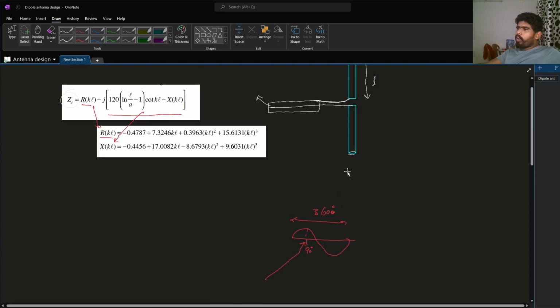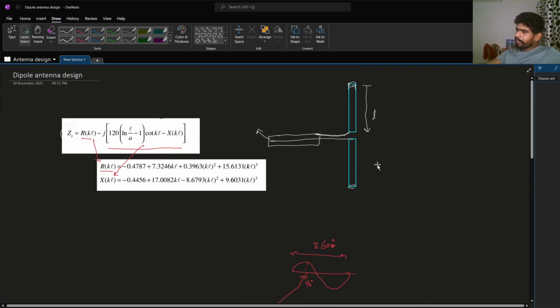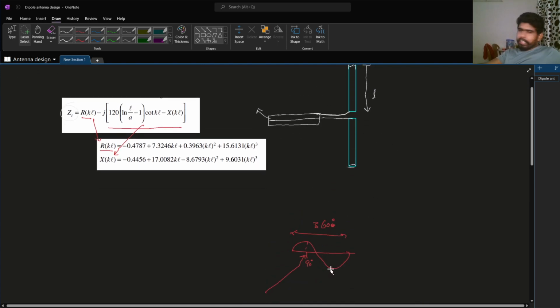Usually in all these graphs, the length is represented in terms of lambda, either in degrees or in pi radians. What does one complete cycle lambda mean? Lambda corresponds to the frequency at which it is working, which is for your application.